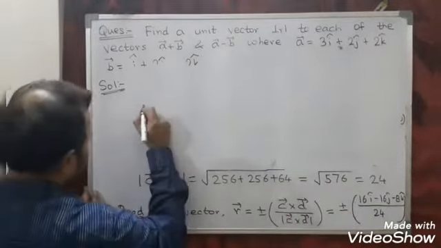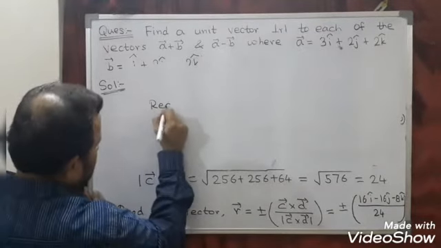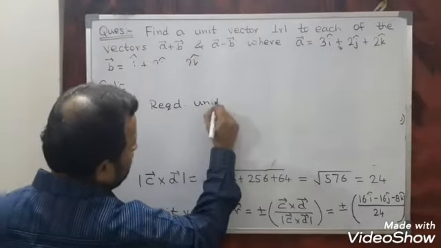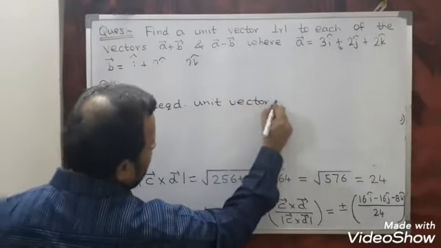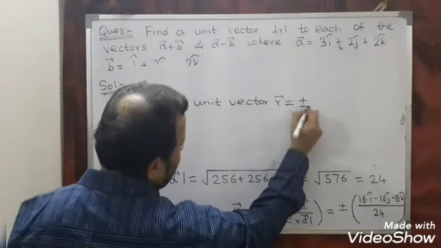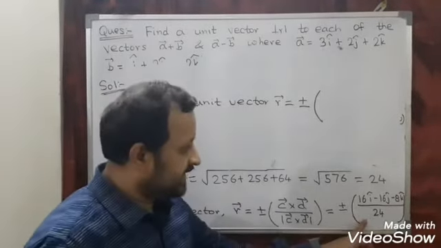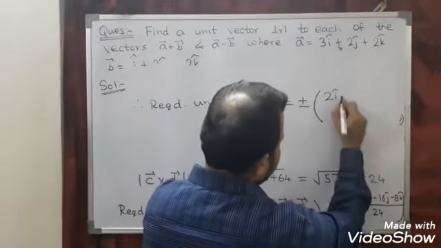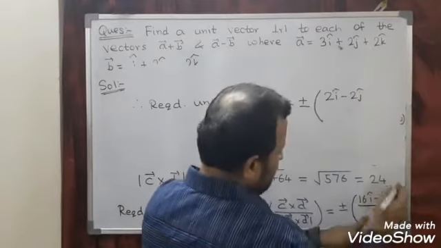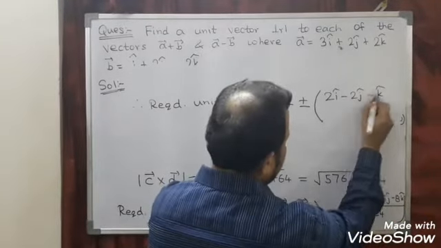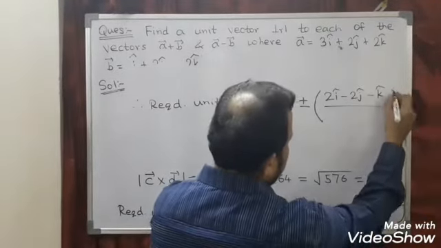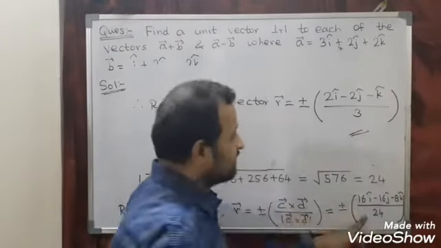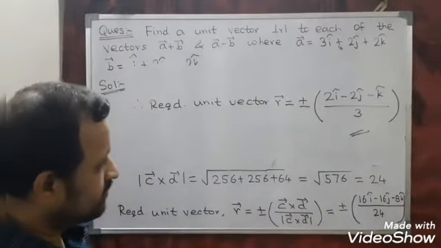Therefore the required unit vector R vector is equal to plus minus, now you can see 8 will go. So 2i will come here, minus 2j will come here, and minus k vector, whole divided by, 24 by 8 means 3. So this is the required solution of the given question.